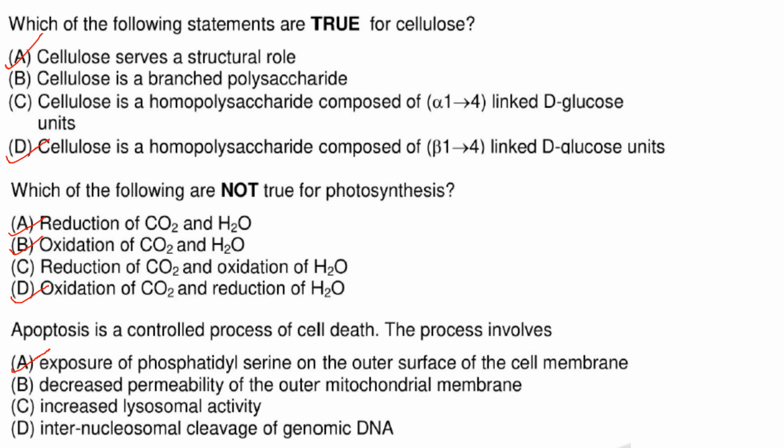No. It involves increased permeability of the outer mitochondrial membrane, and increased permeability allows cytochrome C and other pro-apoptotic factors to escape from mitochondria. Increased lysosomal activity. No. Internucleosomal cleavage of genomic DNA. That is also correct. So A and D are correct.